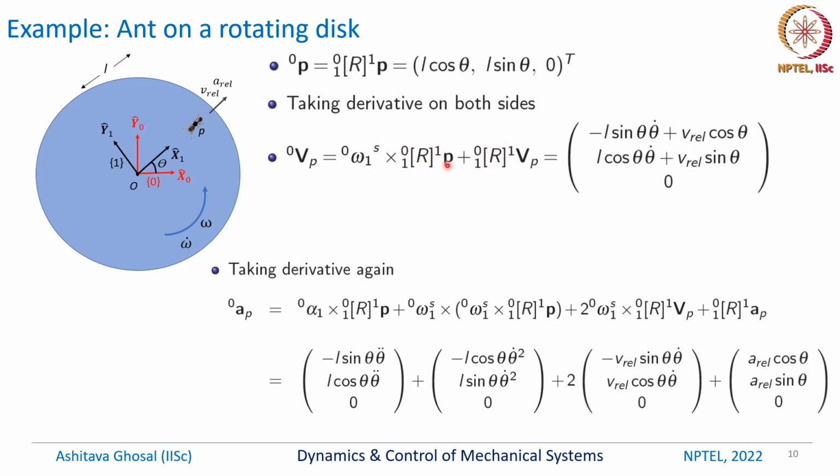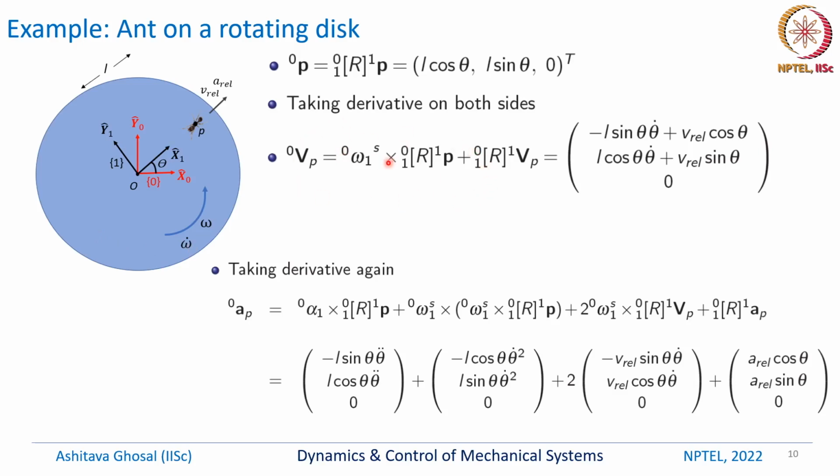Remember 1p was L, 0, 0, so 0,1R into 1p, and then omega cross this will give me the term minus L sin theta theta dot, and the y component will be L cos theta theta dot. Then the term v relative along the x1 axis, in the 0 coordinate system, will be v rel cos theta and v rel sin theta. So this is the velocity of the point looked at from the 0 coordinate system, as described in the fixed or reference coordinate system.